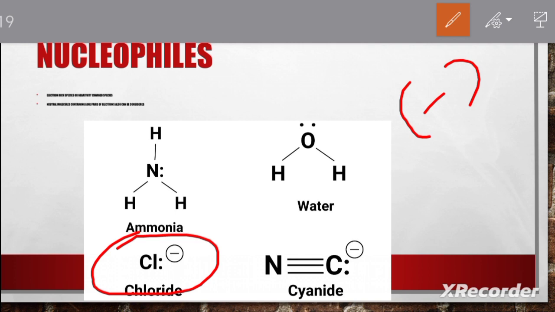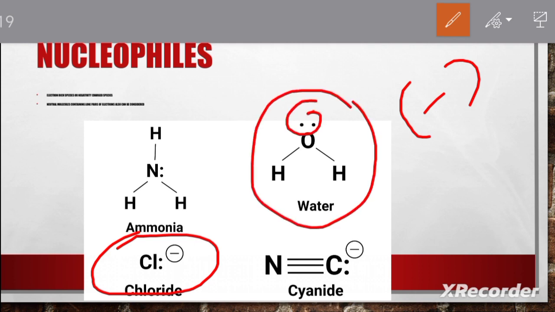So the species with negative charge, or the species which are rich in electrons, are known as nucleophiles. Besides that, molecules containing lone pairs of electrons also count.